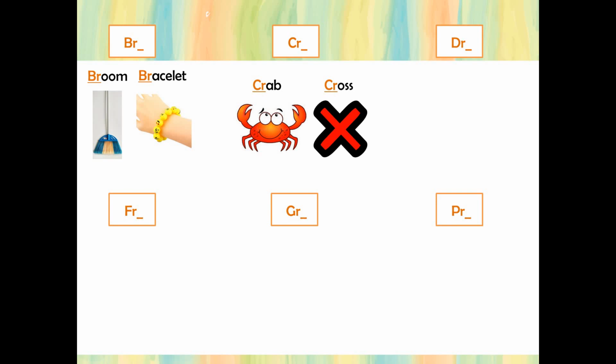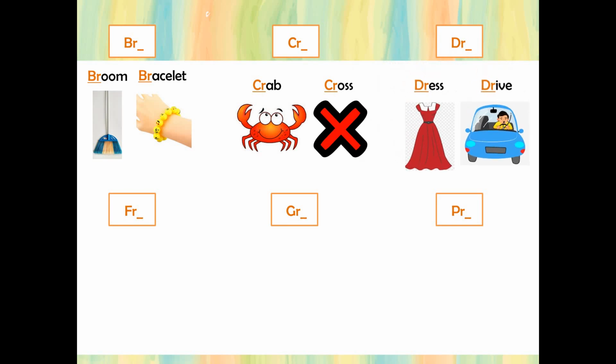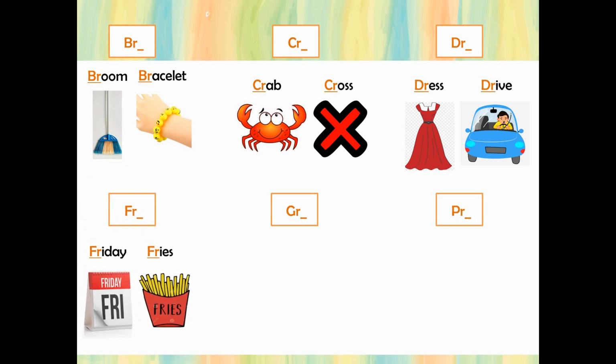Also with the sound dr, you need to find 2 words that start with the sound dr. For example, dress and drive. Also the same with fr, 2 examples for the sound fr.